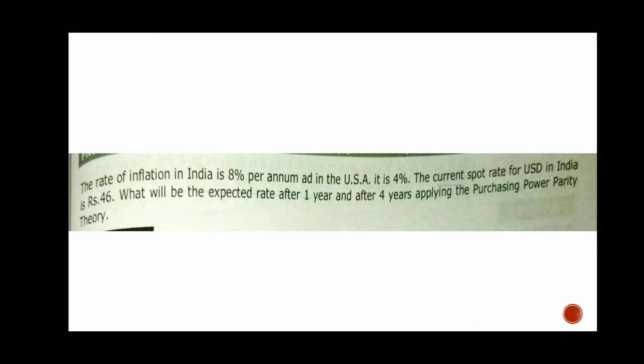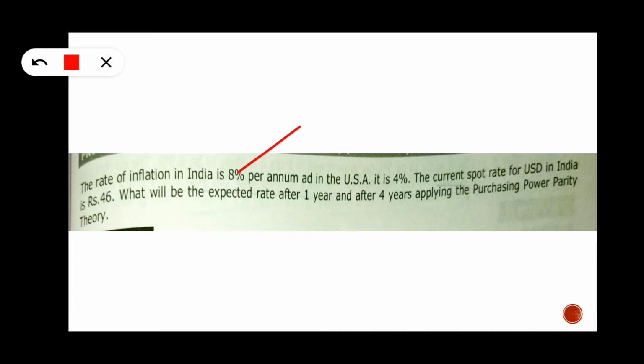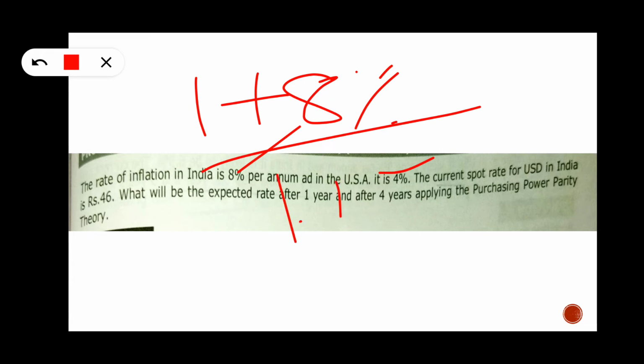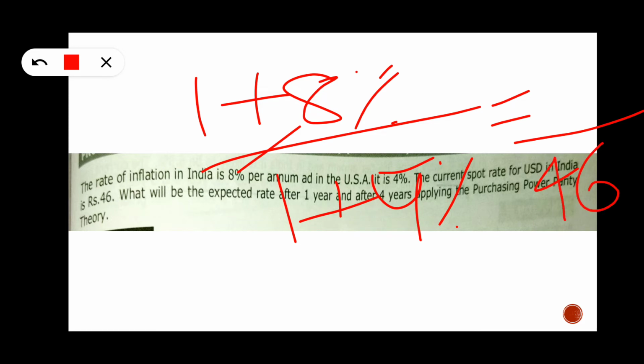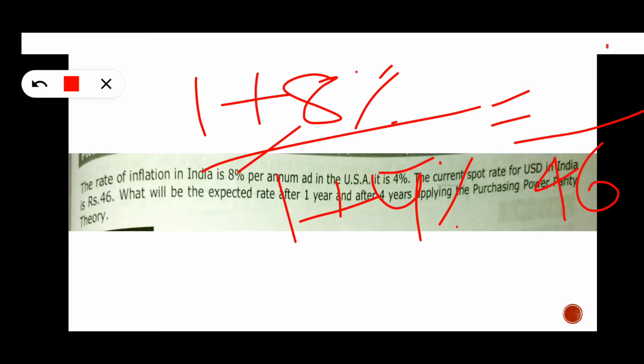So (1 plus ID) divided by (1 plus IF) equal to F by S. Here ID is the domestic currency inflation, 8%, and foreign currency inflation is 4%. So 1 plus 8% divided by 1 plus 4% equal to F by S. S is 46, and the forward rate F we have to find.